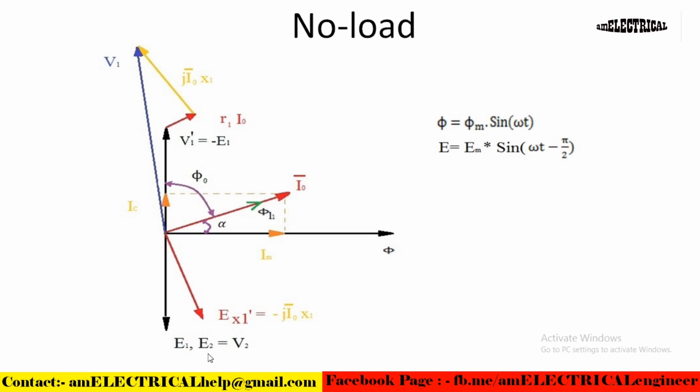For a step up transformer, E2 will be of greater magnitude, as N2 will have more number of turns, because we know a step up transformer has more secondary turns than primary turns. So secondary EMF E2 will also be greater, and for a step down transformer E1 will be of greater magnitude, as in a step down transformer N1 has more number of turns.